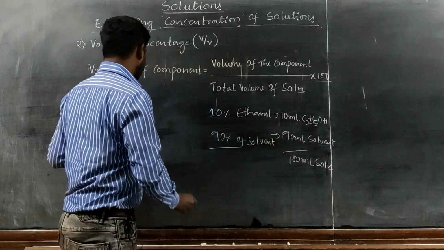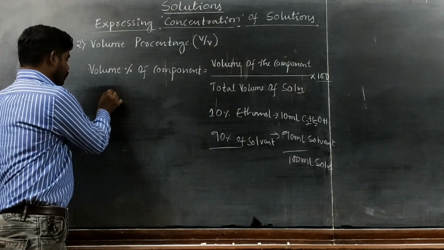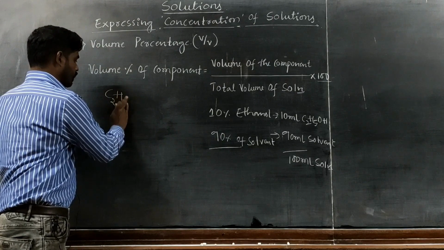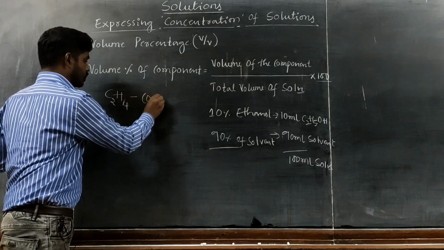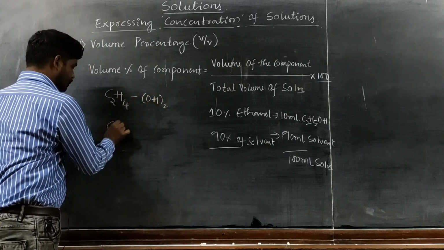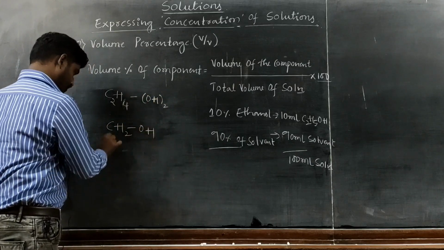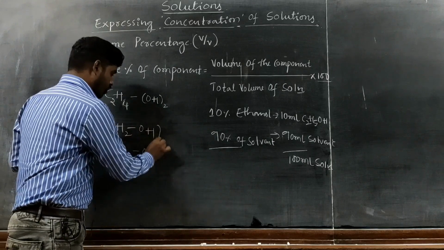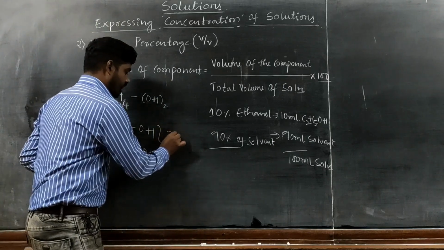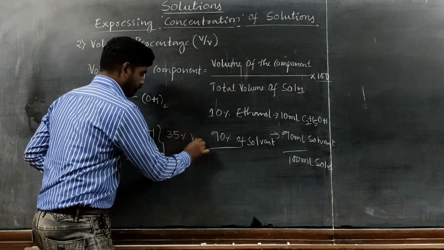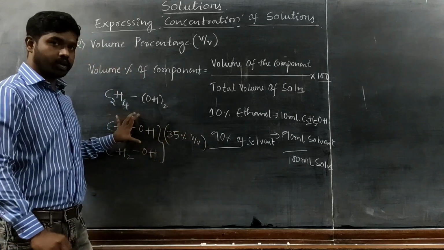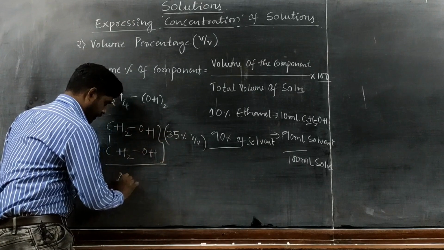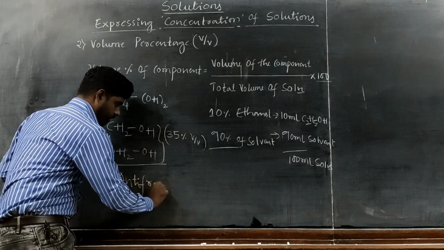For example, ethylene glycol, C2H4(OH)2, can be structurally written as CH2OH-CH2OH. Suppose this ethylene glycol is 35% volume by volume. 35% ethylene glycol is also called antifreeze.